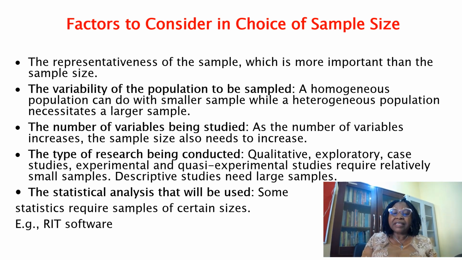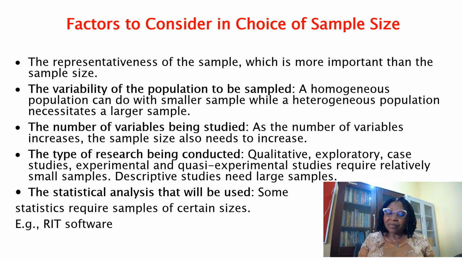Type of research being conducted. Generally, qualitative research, exploratory research, case studies, experimental or quasi-experimental studies require relatively small samples. Descriptive studies need large samples. Sometimes the statistical analysis that will be used, or the statistical package, will also determine the size of the sample.